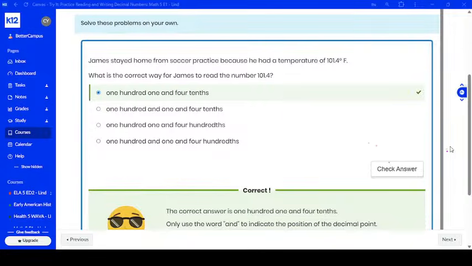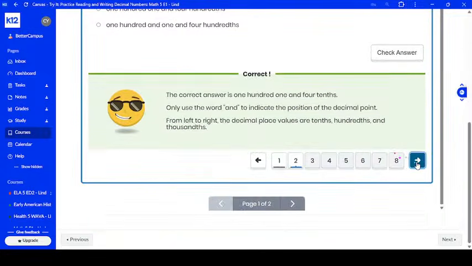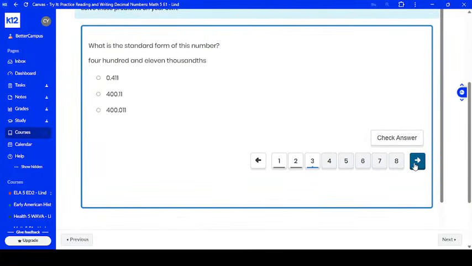What is the standard form of this number? 411 thousandths. Hold up.